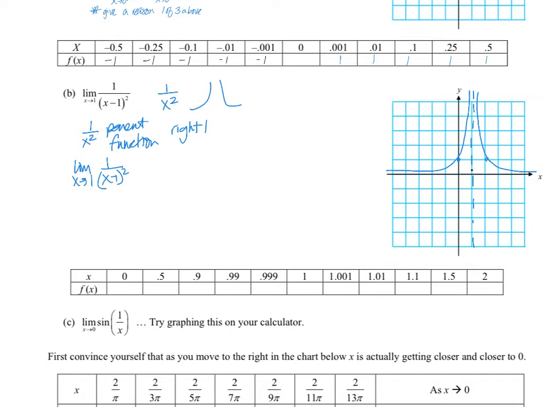Limit as x approaches 1. Okay, if we look at it from this direction, as I come closer to 1, I seem to be growing quickly. As I come from the other direction, I seem to be growing without bound as well. Let's fill in the table.